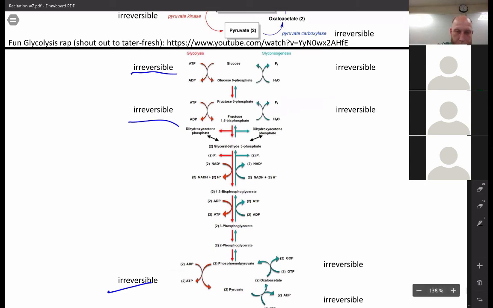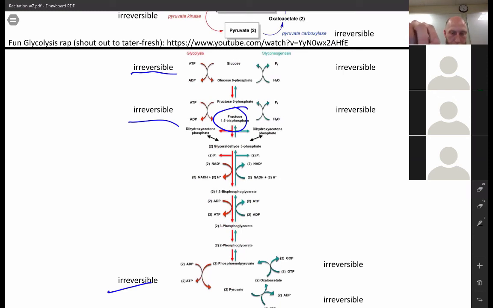Just as a side note, keep in mind when we're talking about phosphofructokinase 1 versus 2, PFK1 is going to produce fructose 1,6-bisphosphate, whereas PFK2, the enzyme that we'll get to later and that Aaron talked about somewhat in chapter 12, is not going to make 1,6-bisphosphate.